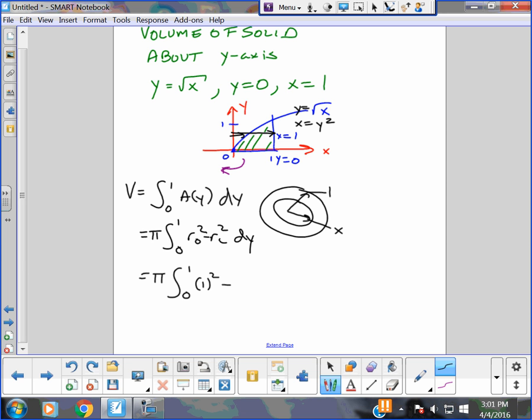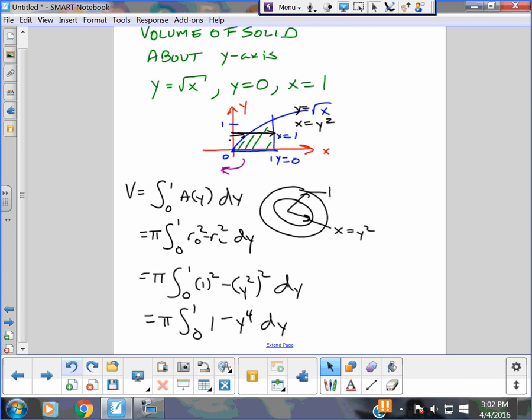But what is x? x is y squared. So we get y squared squared. The inside radius is y squared. So if I do this now with dy, I can write this out. This integral is from 0 to 1 of 1 minus y to the 4th dy.